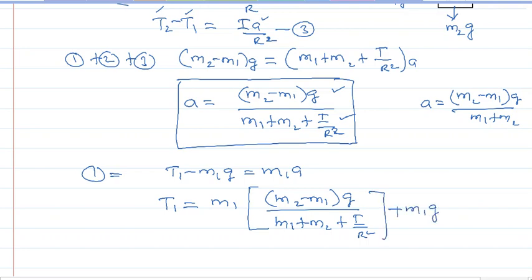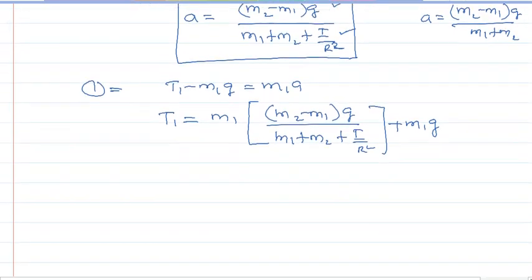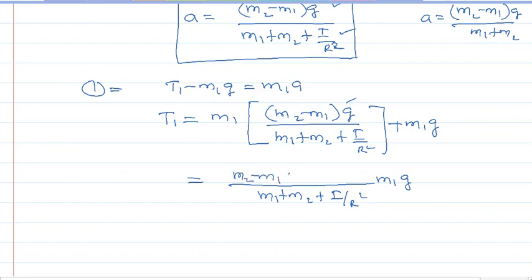We can take m1g common. So I am writing m1g common, and what is the LCM here? LCM is m1 plus m2 plus I by r square. So this as it is, we are going to get m2 minus m1 in the numerator, plus this denominator m1 plus m2 plus I by r square.